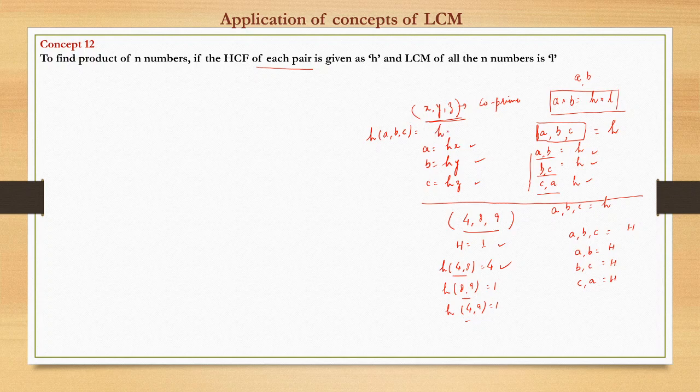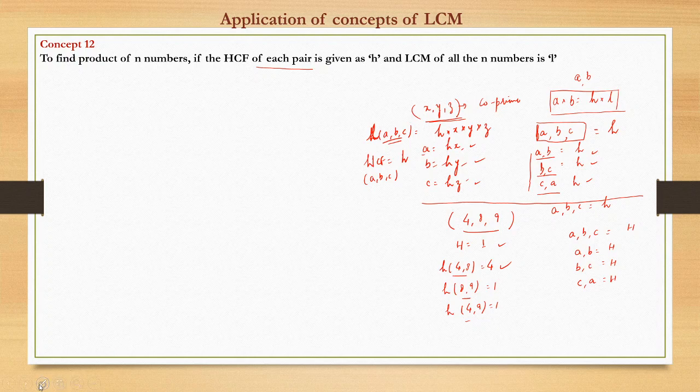H into x into y into z is the LCM of the numbers A, B, C. And the HCF of all the numbers, since x, y, z are co-prime, they do not have any factor in common between them. The only factor common between A, B, C is H. So the highest common factor, the HCF of A, B, C, would be nothing but H. So this is the concept of pairwise HCF and the total HCF of all the numbers.